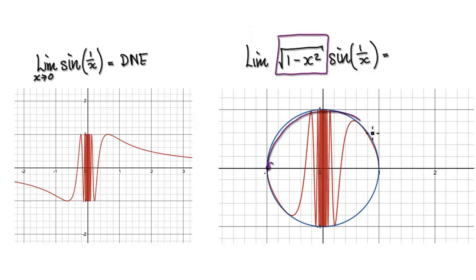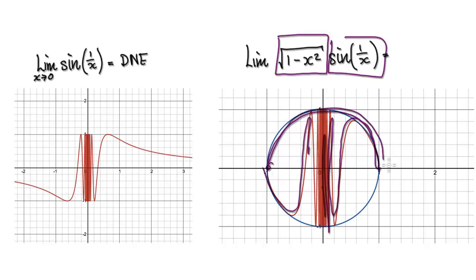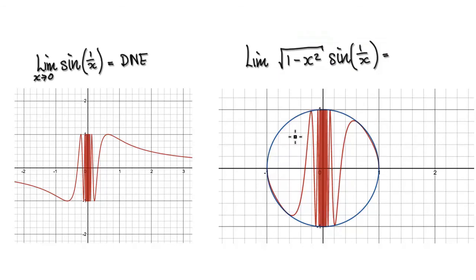And then when you combine it with sine 1 over x, it will be like a sine graph, but being encapsulated inside the positive strand here. So basically it will give you this thing here. So what is the limit of this as x heads towards 0?